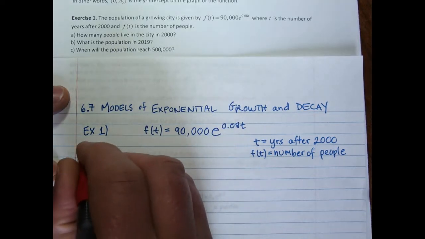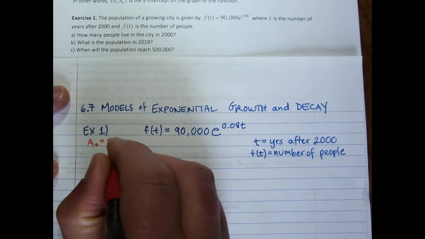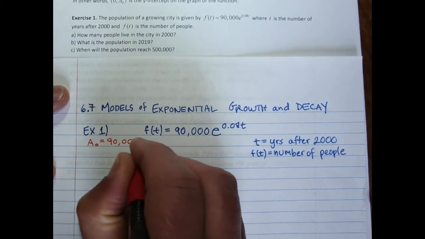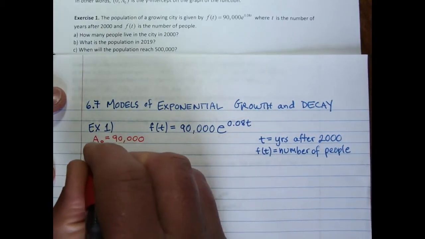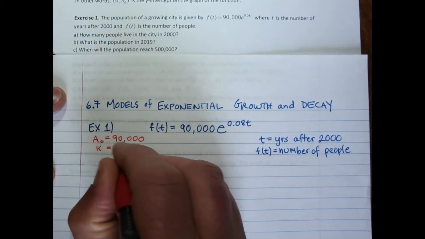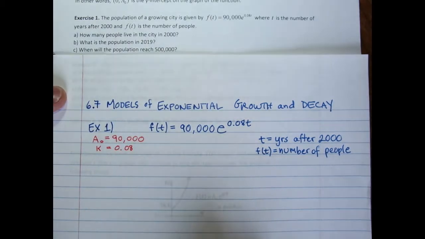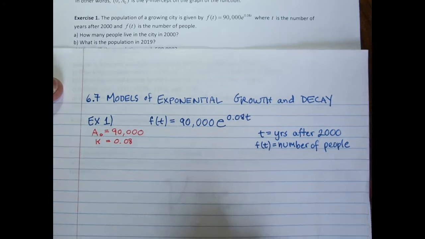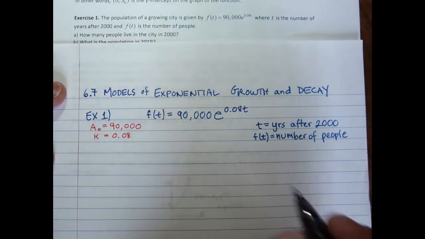And maybe just, this isn't part of the problem, but just notice here that the a sub 0 value in this formula is 90,000. And the k value, the k constant, is that 0.08. All right, let's start answering these questions, the different parts of the exercise here.